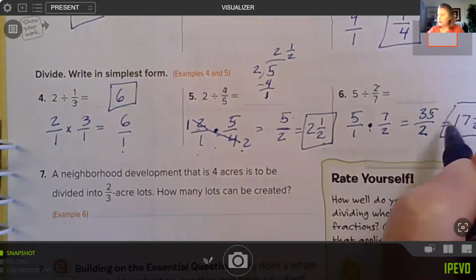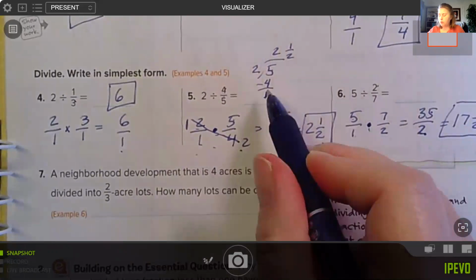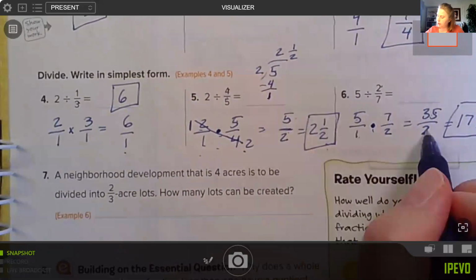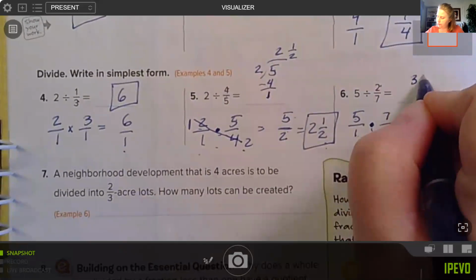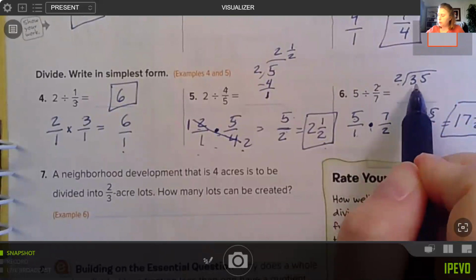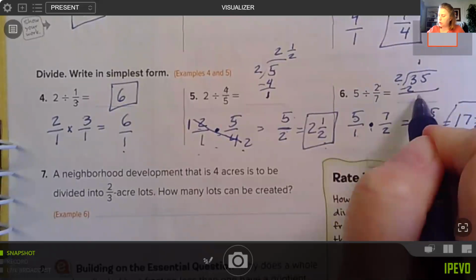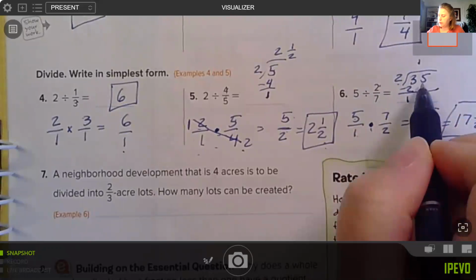Again, if you can't do that in your head, that's okay. You can divide that out. 35 divided by 2: How many times does 2 go into 3? It goes in 1 time. 1 times 2 is 2, and then we subtract. 3 minus 2 is 1. Bring down the 5.